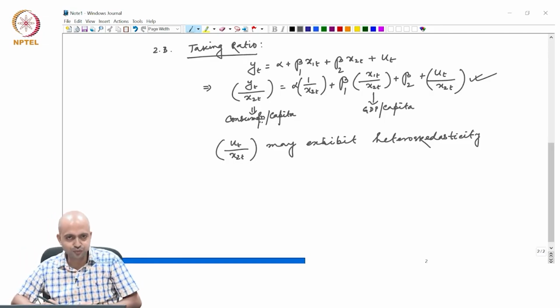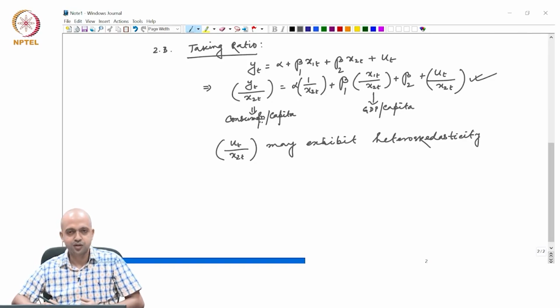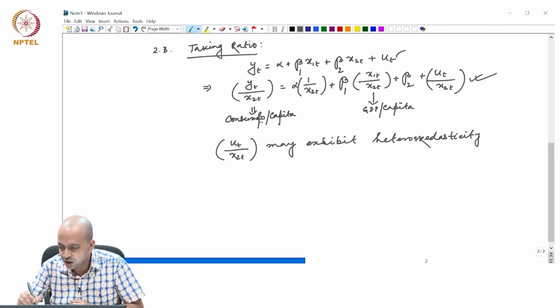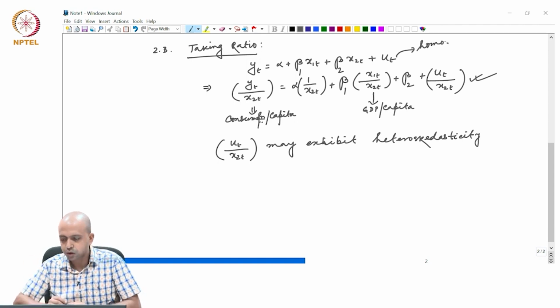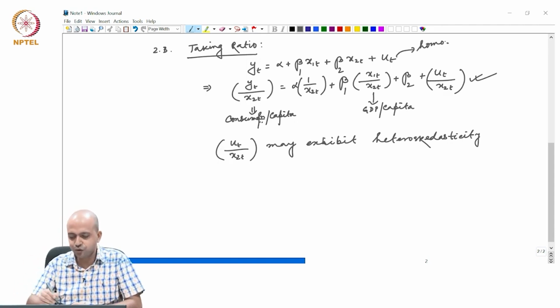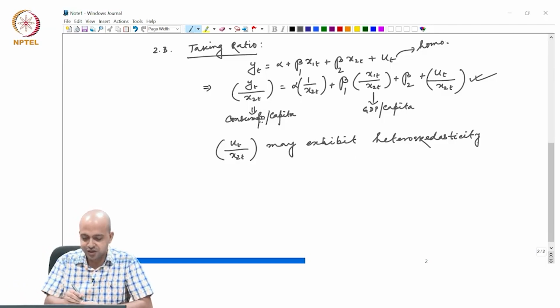You are trying to solve the multicollinearity problem, but after transformation, you may end up with a heteroscedasticity problem, because here u t is also divided by x 2 t, the population. So, if your original variable u t is homoscedastic, then the transformed variable may show you heteroscedasticity.